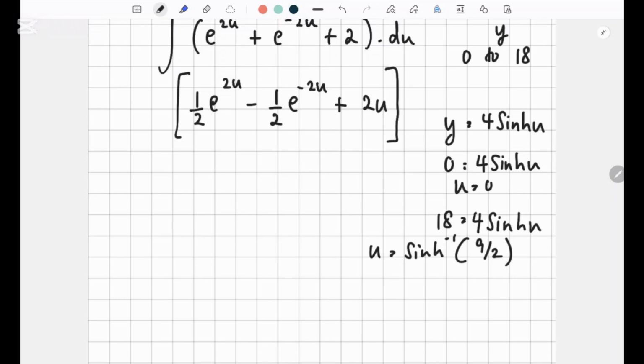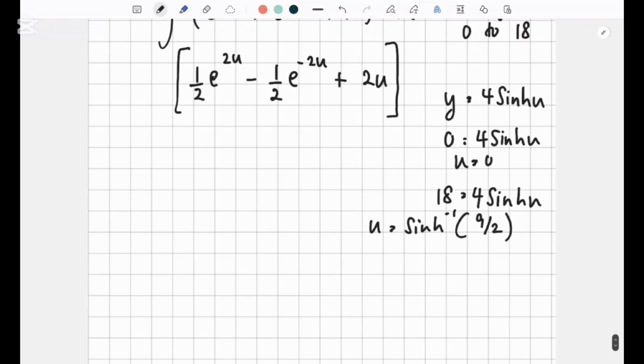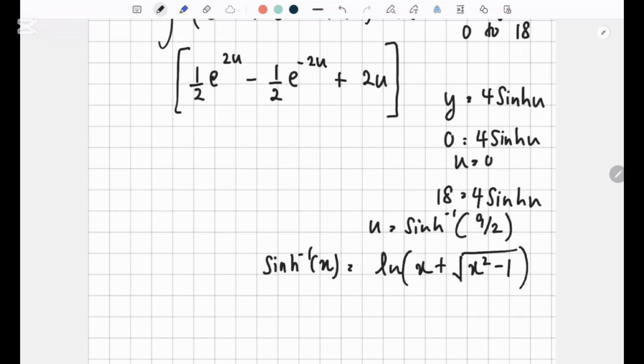Because they say they need the most accurate value possible. You also have to know that sinh inverse x equals ln of x plus the root of x squared plus 1.